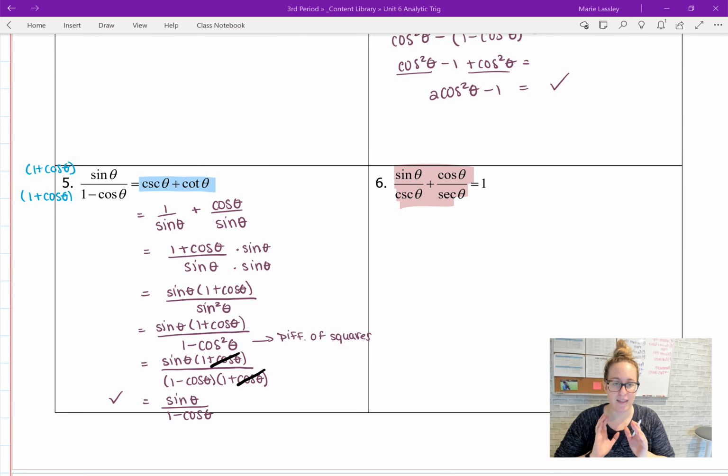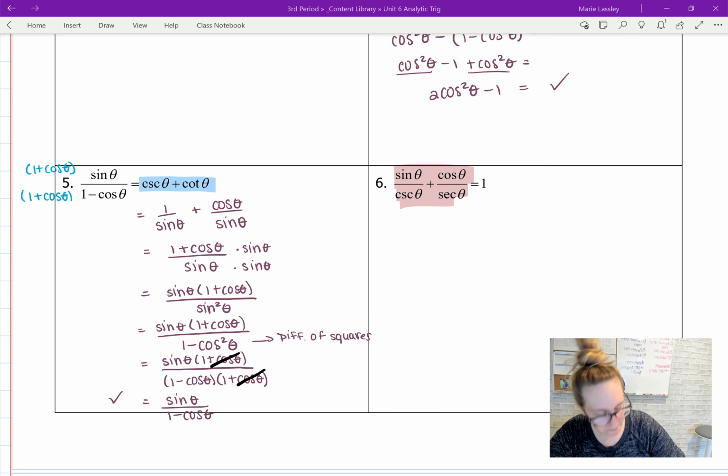So I have sine theta times 1 over cosecant theta plus cosine theta times 1 over secant theta. Now I'm going to use my reciprocal identities to change 1 over cosecant and 1 over secant to their reciprocals.